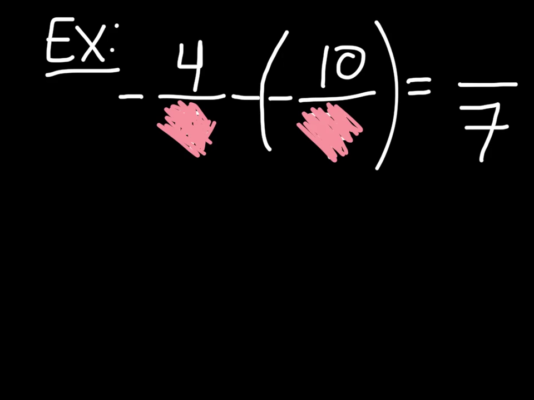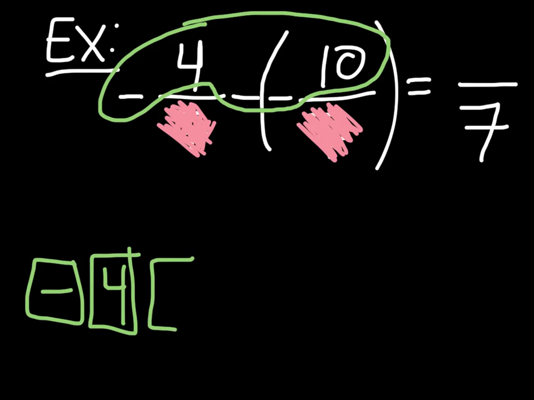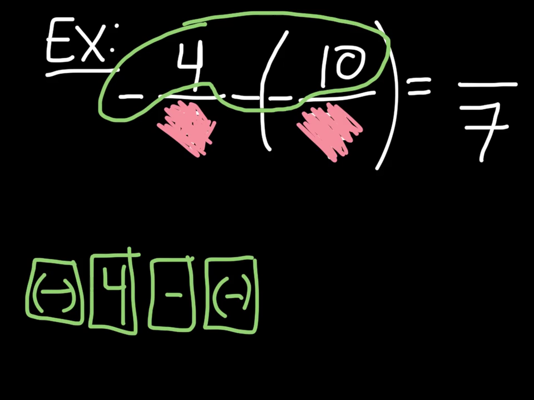Now I'm going to do this with the calculator first. Some of you already know what the answer is. In the calculator, I'm going to do all the numerator stuff. So I'm going to push negative, then 4, then minus, then negative. Again, the negative on the calculator should be in parentheses.